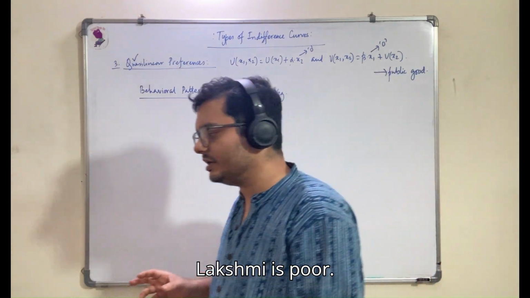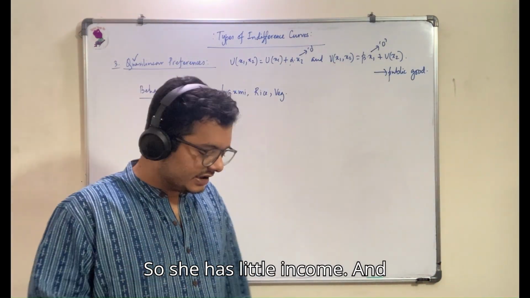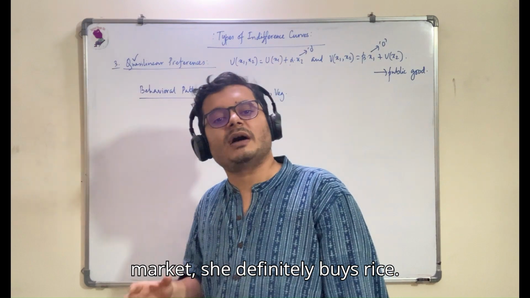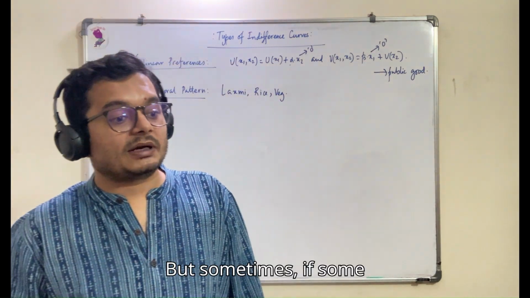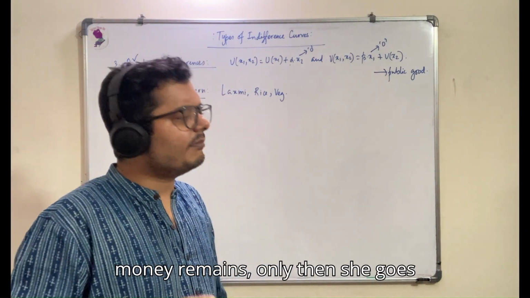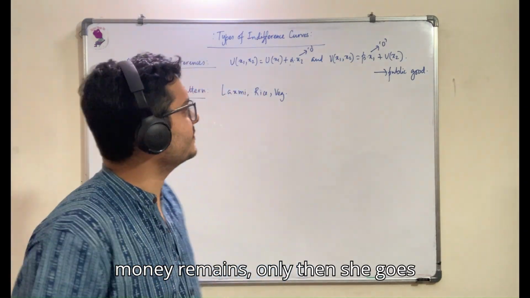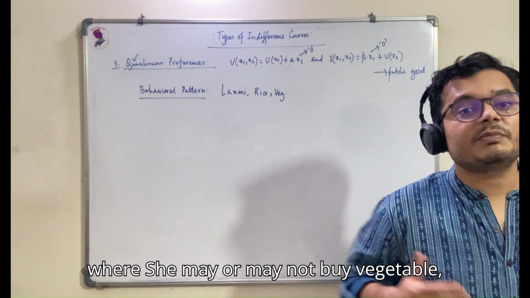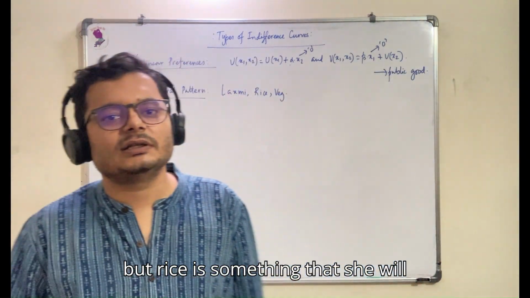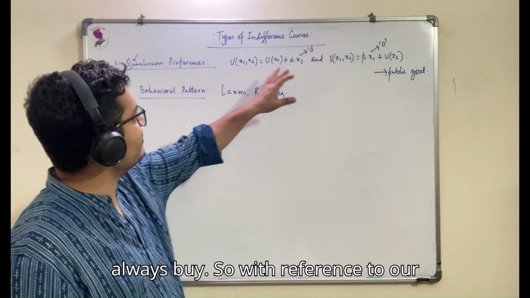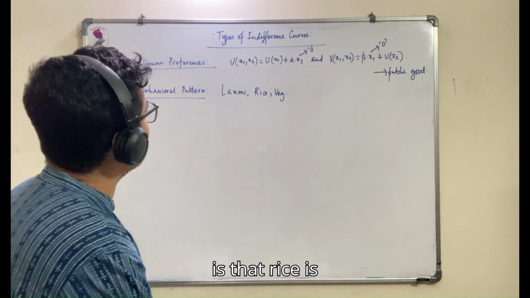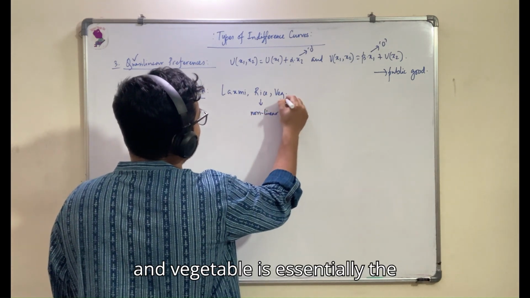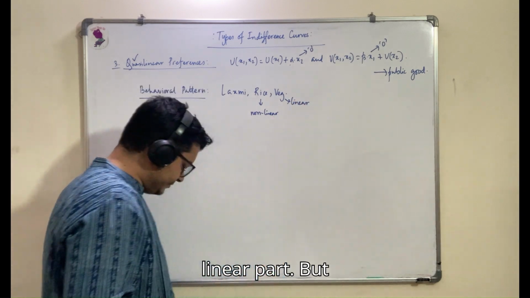Lakshmi is poor, so she has little income, and with that money, whenever she goes to the market, she definitely buys rice. But sometimes, if some money remains, only then does she go for vegetables. So there is a situation where she may or may not buy vegetables, but rice is something that she will always buy. With reference to our functions here, rice is the non-linear part and vegetable is essentially the linear part.